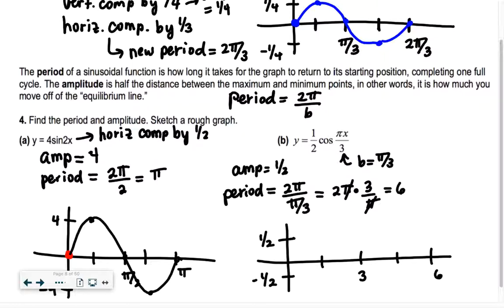We don't start here at 0, 0. We start at what was originally 0, 1. So we're starting at 0, 1/2. And we're going to have to go down and then back up after 1 full period. So in the middle of that is the lowest point. And then the other ones are where we're crossing 0.